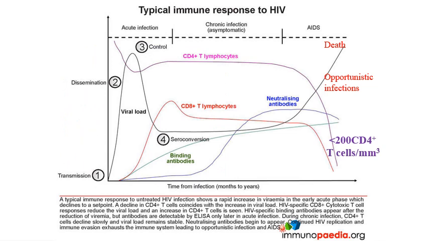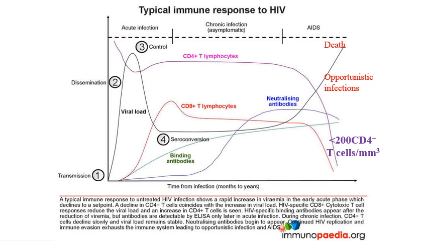The typical immune response to HIV in untreated patients shows a rapid increase in viremia in the early acute phase, which declines to a set point. A decline in CD4 T cells is associated with the increase in viral load.